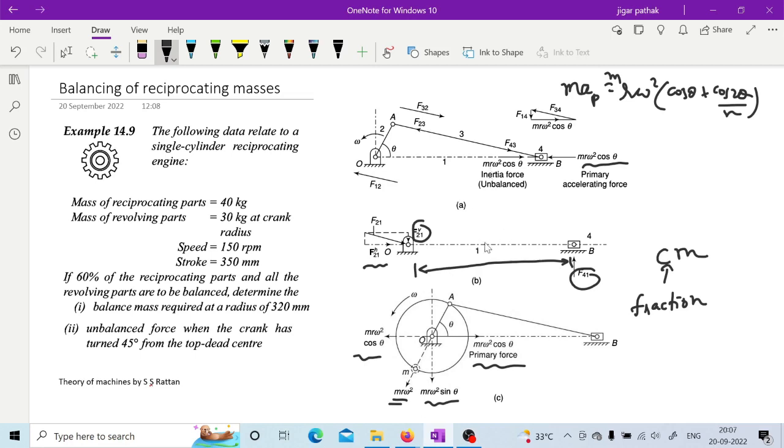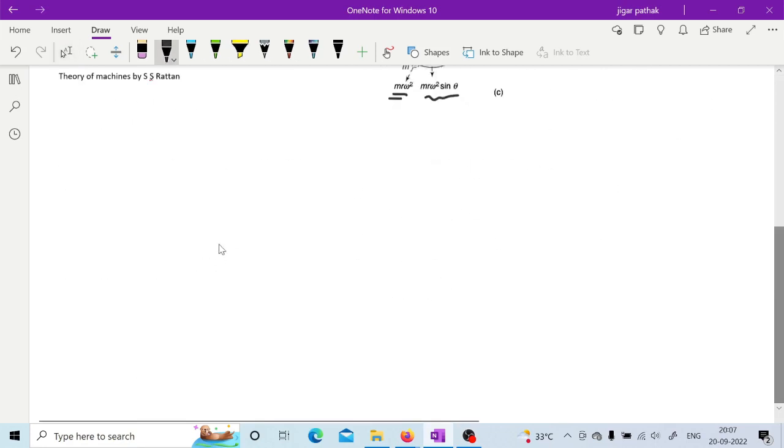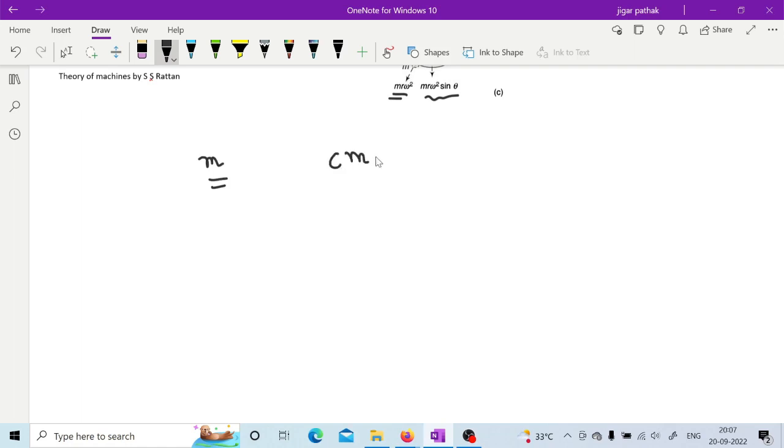So what you are doing in these reciprocating masses is balancing a particular portion of them. Suppose that instead of the full reciprocating mass m, you balance only a portion of this reciprocating mass. So you will have your new components as c m r omega square cos theta and c m r omega square sin theta.